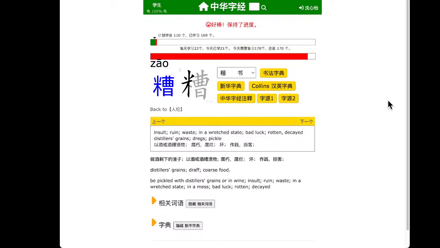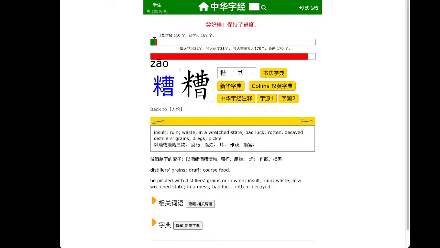Zao is, literally, or usually, you see there's the rice on the left side. This refers to the dregs of grains when distillers make alcohol.